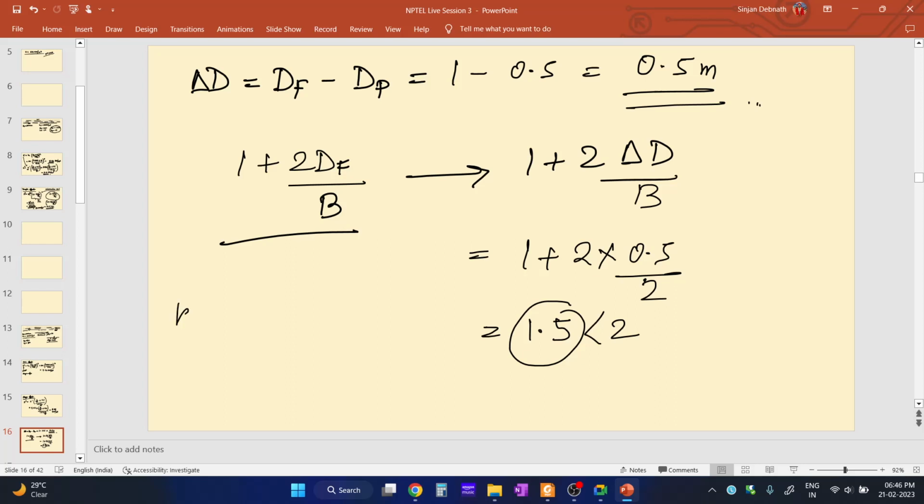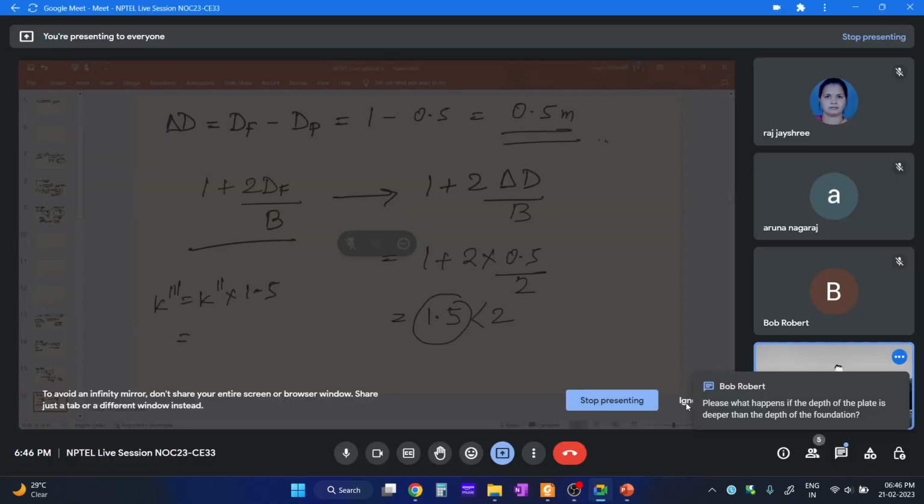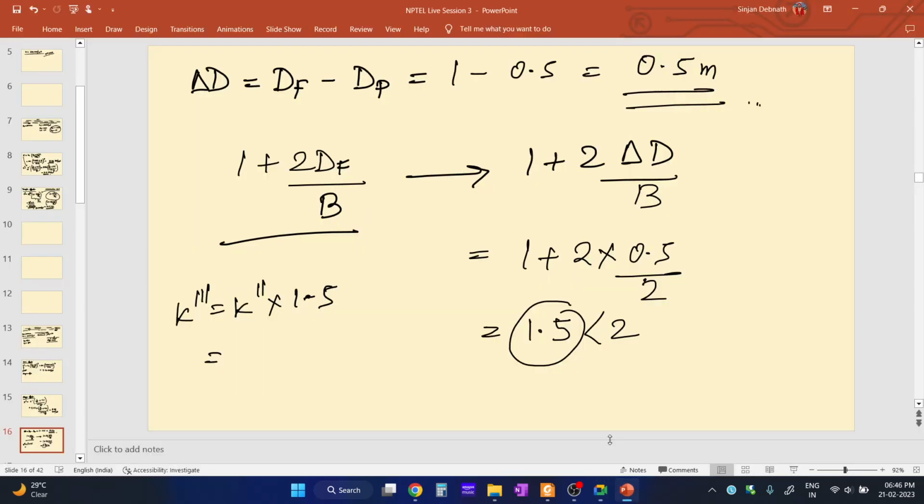So k triple dash will be k double dash into this factor, 1.5. So what is k double dash?